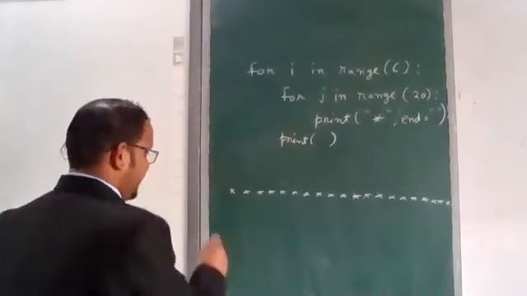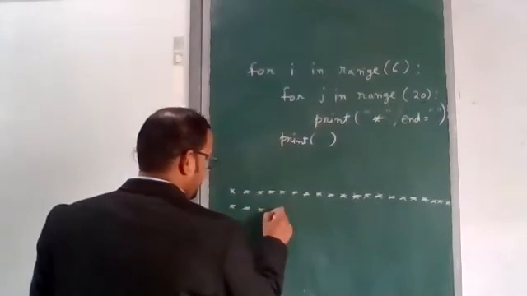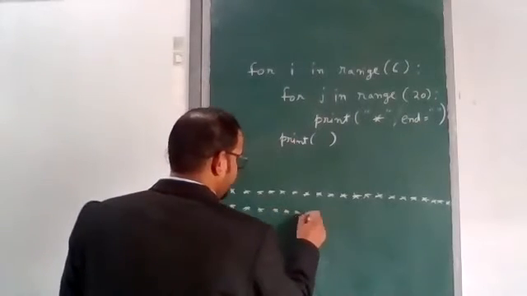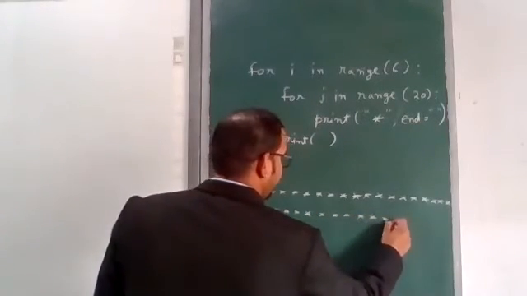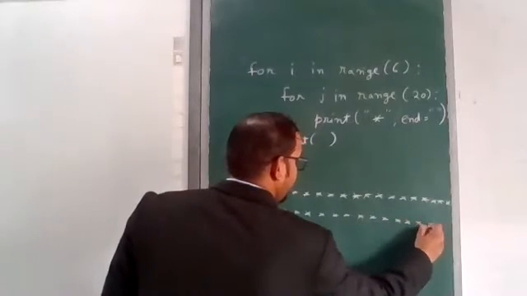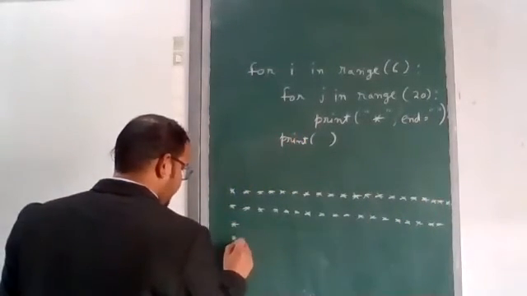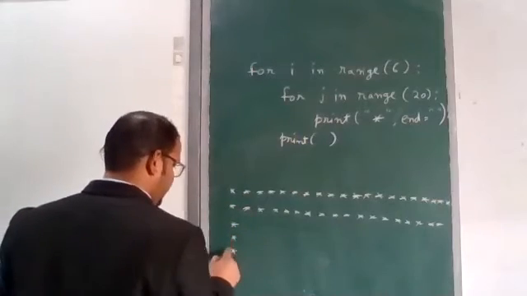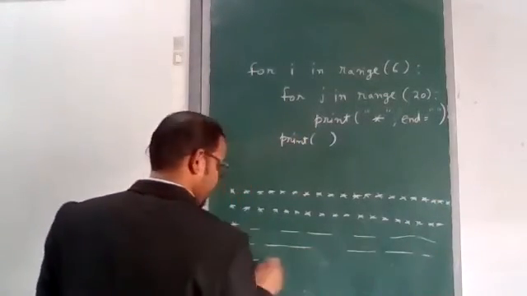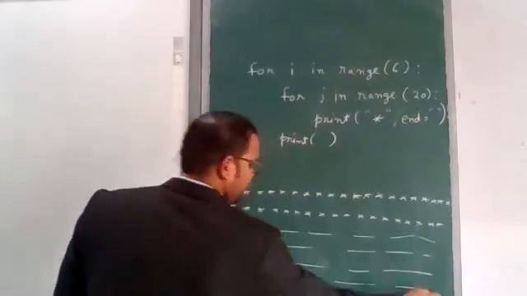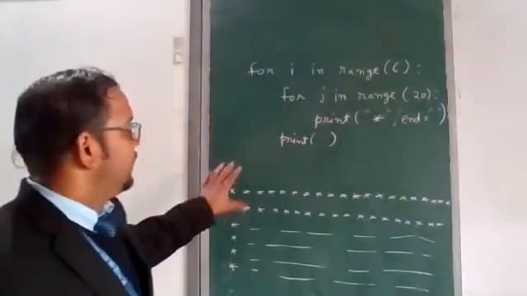After that, a new line begins, and then similarly 20 stars. Like this. Clear? Similarly we want to write 6 lines, in a rectangular manner, in number of rows.